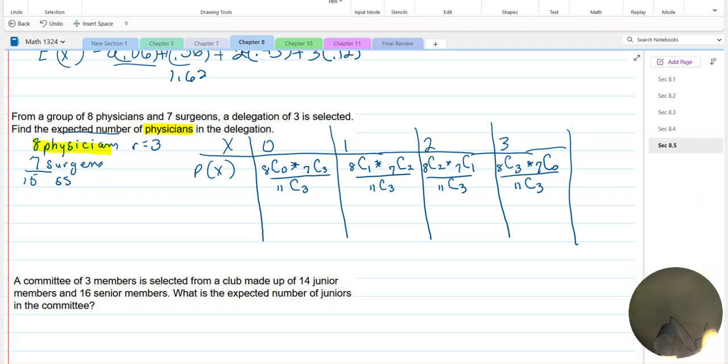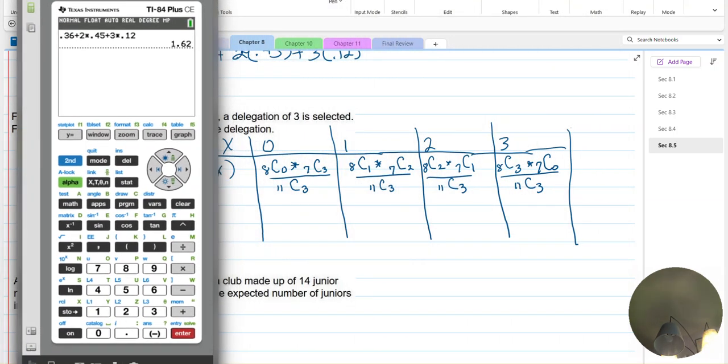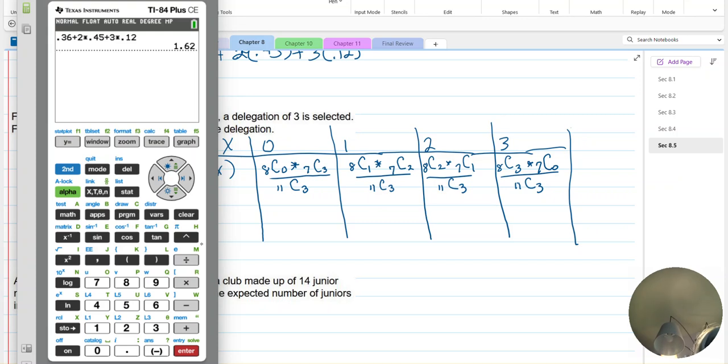I'm going to do the math. I'm going to clear everything. I'm going to do the 8 math, PROB, number 3, choose 0, side arrow, times, and then now I have 7 math, PROB, number 3, choose 3. That's what I have.